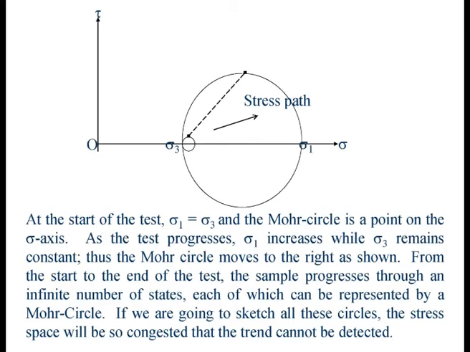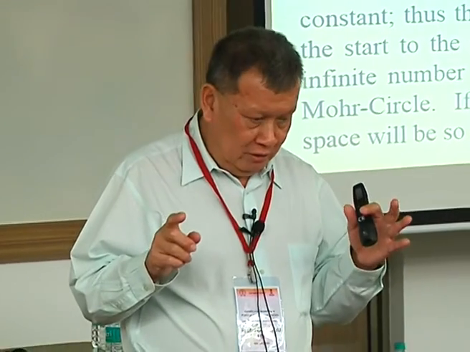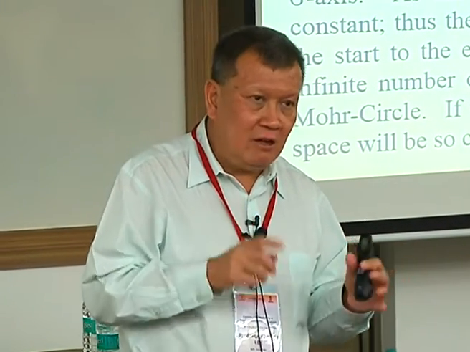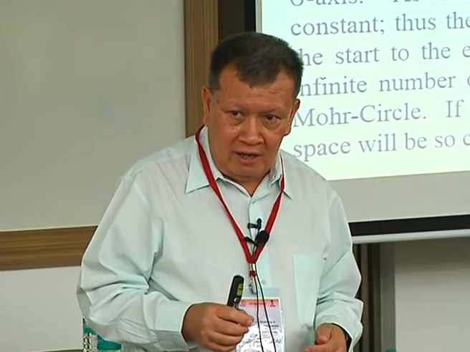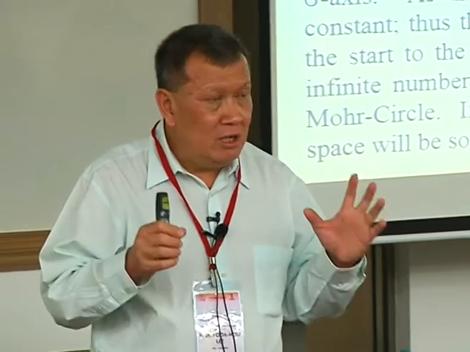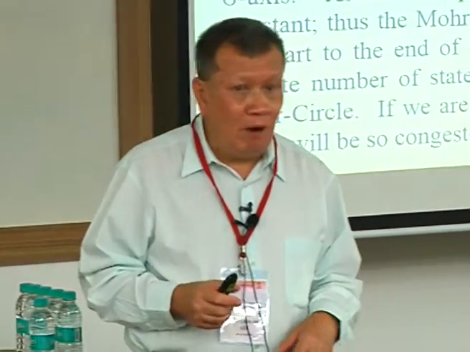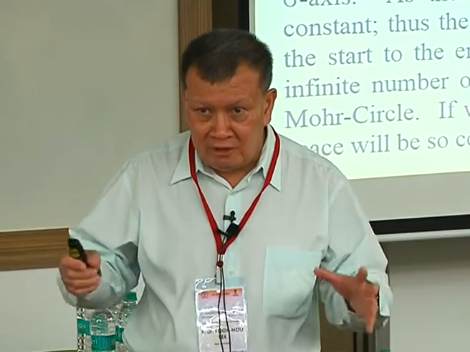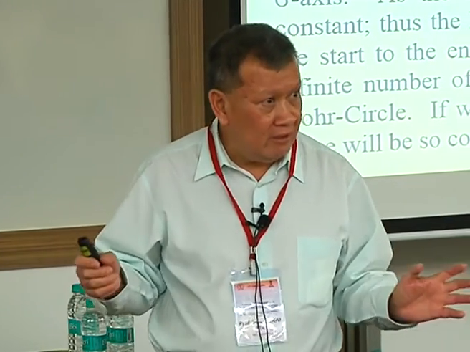Usually, in conventional testing, the circle we plot is only the last circle at the point of failure. So when we plot the triaxial test Mohr circle in a standard laboratory soil test report, it is the Mohr circle at failure. That's the only circle. But there are actually an infinite number of other Mohr circles in the middle of the test that have not been plotted.